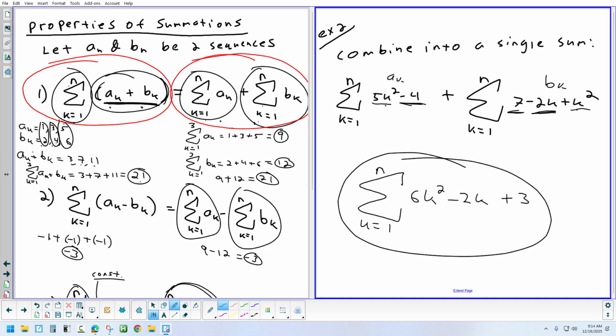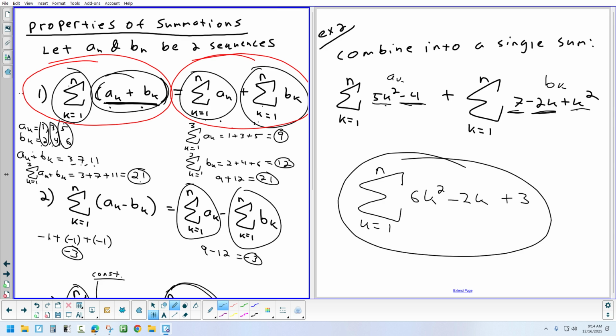That's how you put that all back together as a single sum. Just combining like terms. So any question how we combine those two sums into one using rule 1?